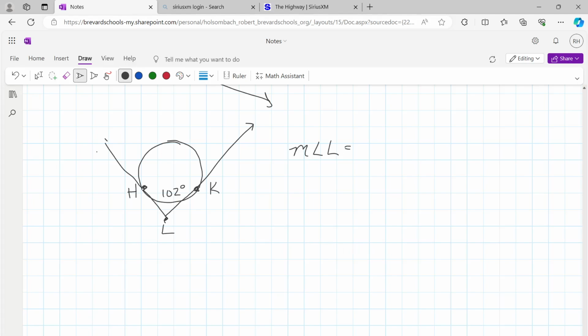All right, so if H to K is 102, the sum of the arcs in the circle needs to be 360. So if we need the big arc here, this big arc is going to be equal to 360 minus 102. And 360 minus 102 is 258.